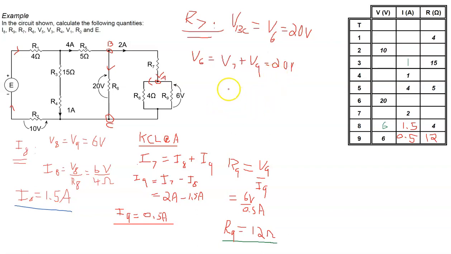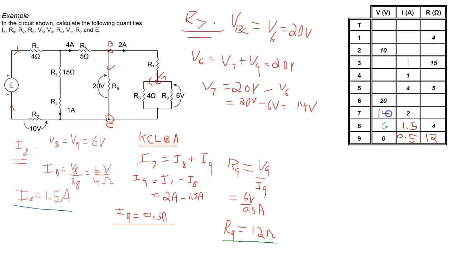And so therefore, I can say that V7 is equal to 20 volts subtract V6, or 20 volts subtract 6 volts equals 14 volts. And I should put that in my table.